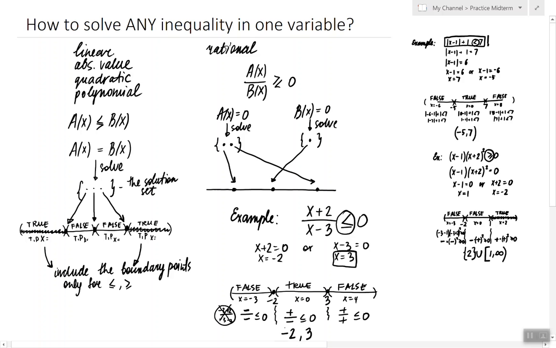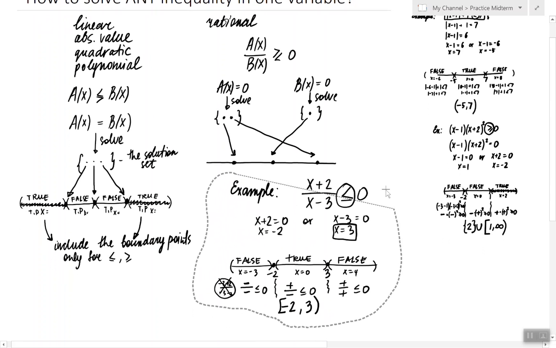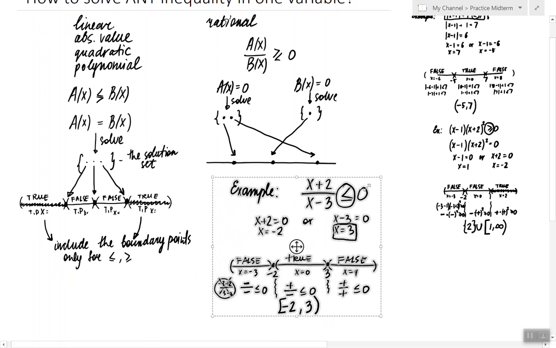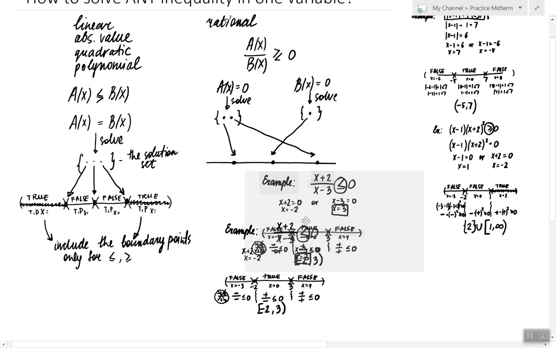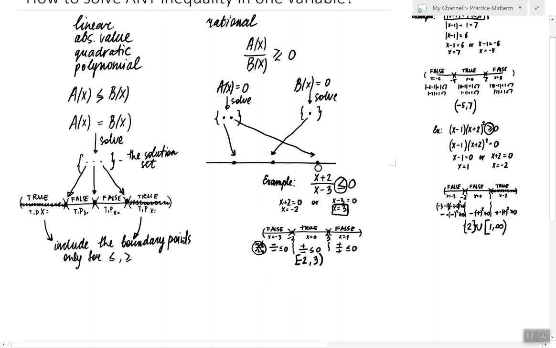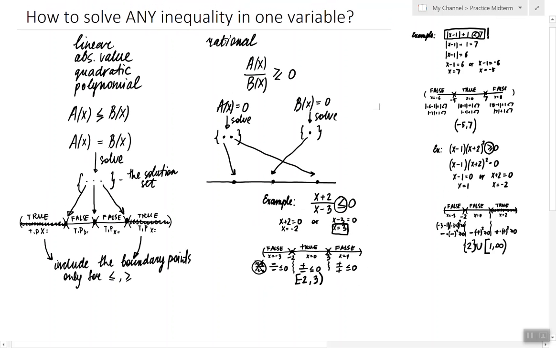So I do include negative 2, and I do not include 3. So this is how we solve any inequality in one variable. This method is called the test points method, and it works for any inequality in one variable with the minor adjustment for rational inequalities.